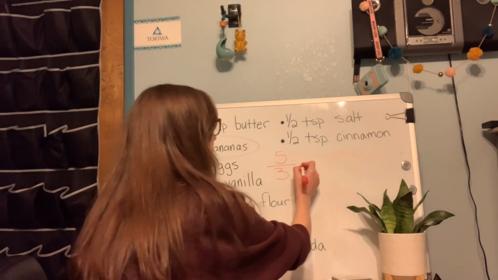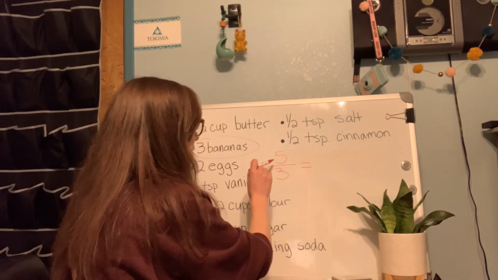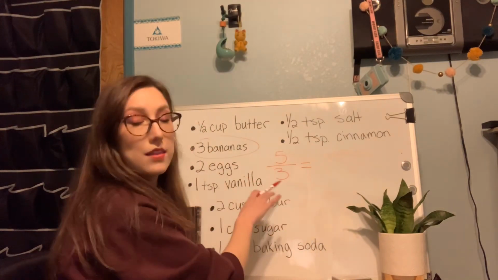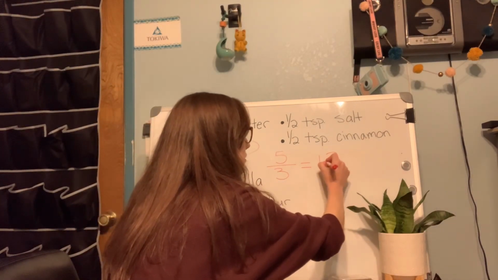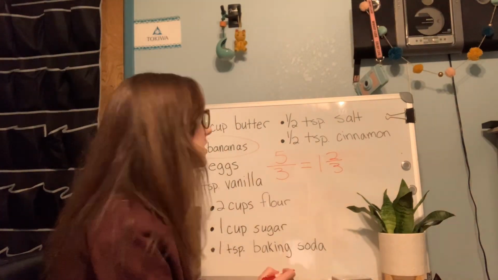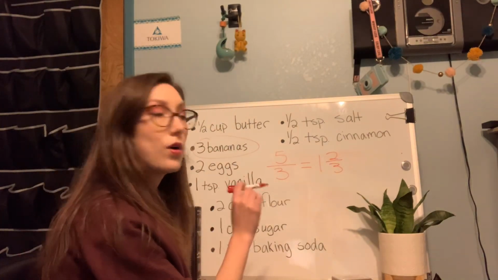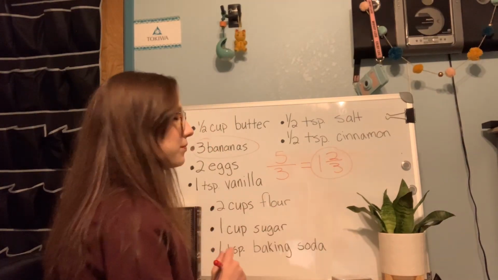And I know you guys remember how to do that, right? We divide the top number by the bottom number, and whatever we have left over becomes the new numerator. Okay, so what you're going to do is multiply each quantity by 1 2/3 or 5/3.